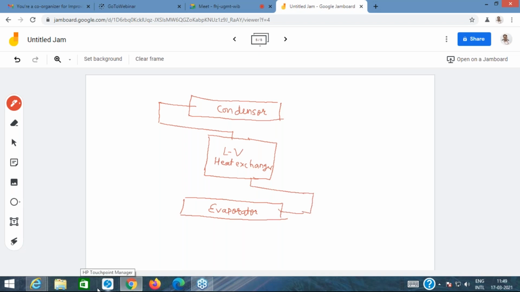the refrigerant from the evaporator enters this liquid vapor heat exchanger, and then it goes to the compressor.